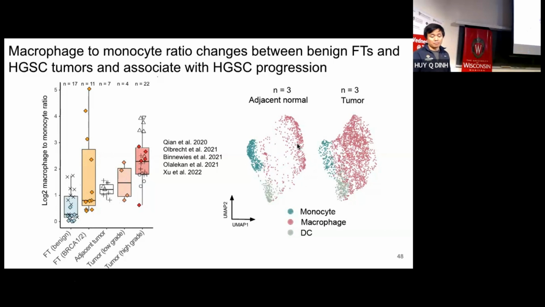This is an example of the data set that has adjacent normal and tumor, three patients. And you can see this amount of macrophage in normal, and this amount of macrophage in tumor. So the monocyte seems to be in both normal and tumor, but the ratio is clearly different between normal and tumor here.